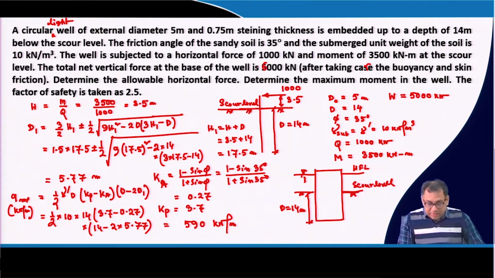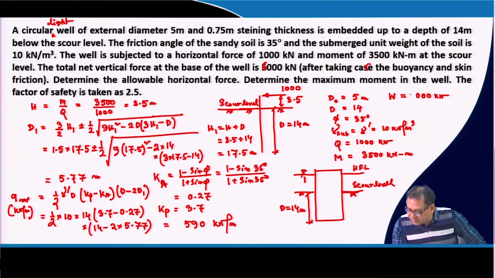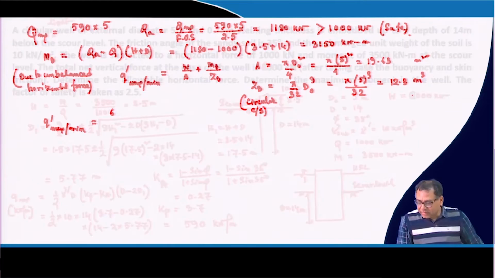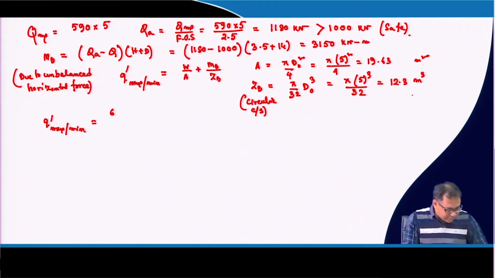W is taken as 6000, because I have done the calculation by considering W as 6000. If it is 5000, you can use 5000, but in my calculation I have considered 6000. You can put 5000 and you will get a different value.